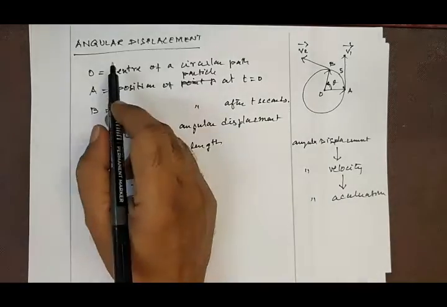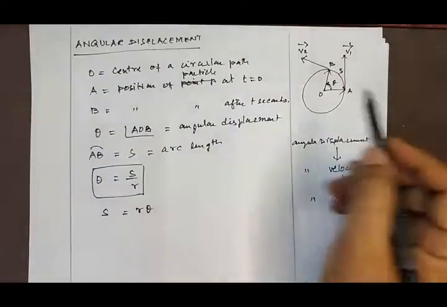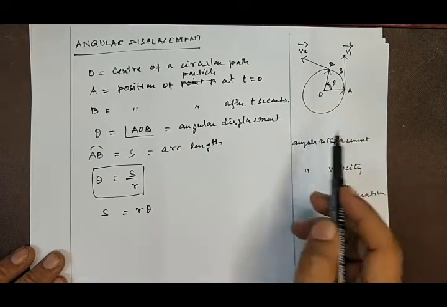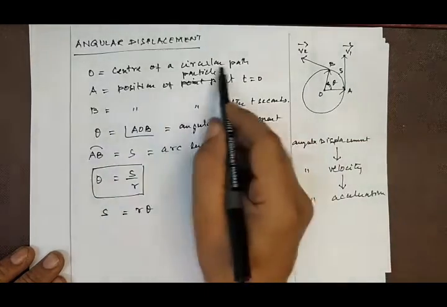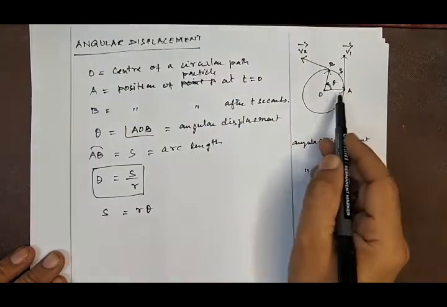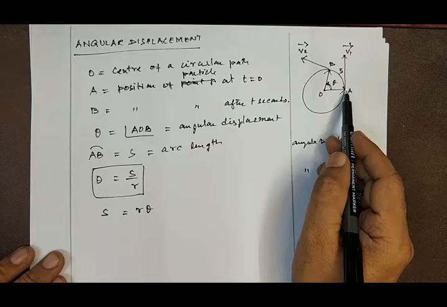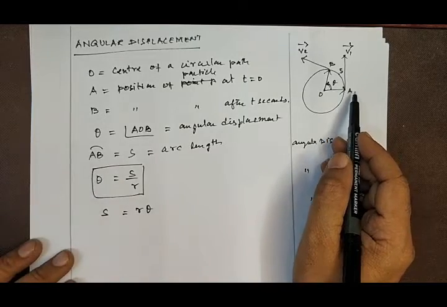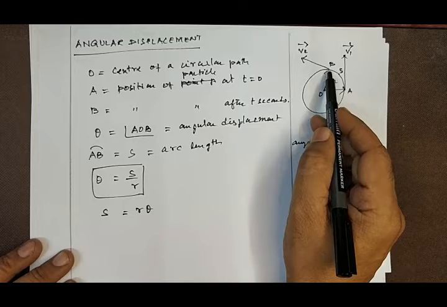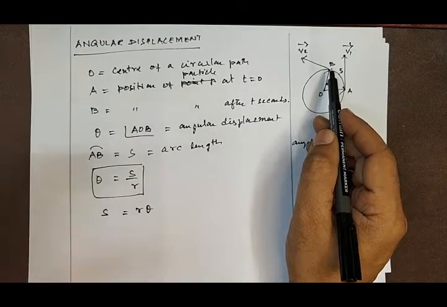Now, angular displacement. Let me consider a particle moving in a circular path. O is the center of the circular path. A is the position of the particle when t is equal to 0. And it has moved to the position B in t seconds.